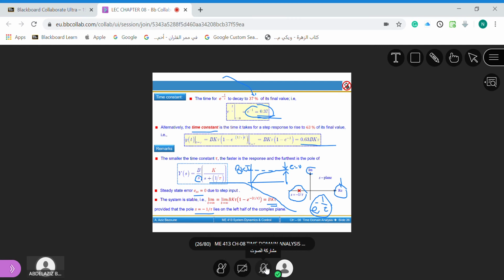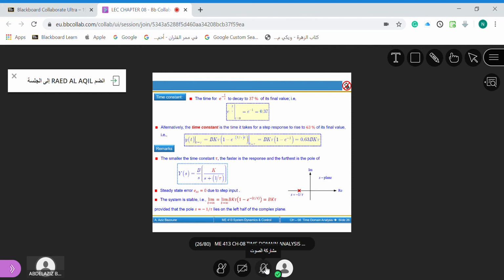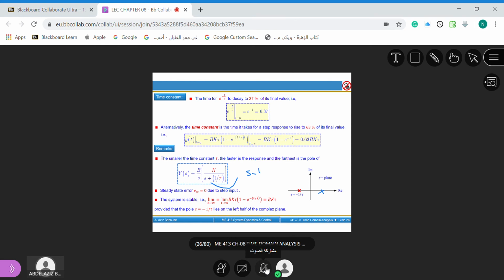The problem arises if the pole is located on the right-hand side of the plane, so s equal to 1 over tau.